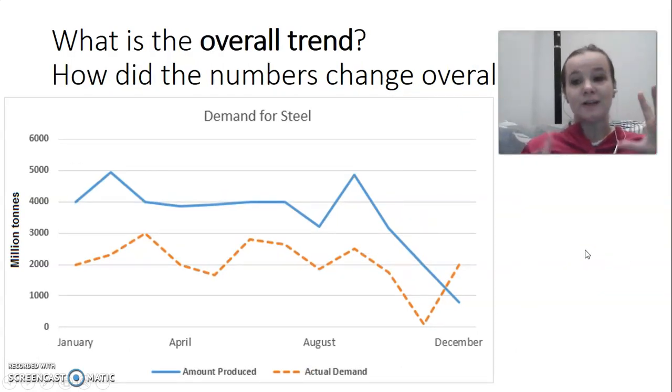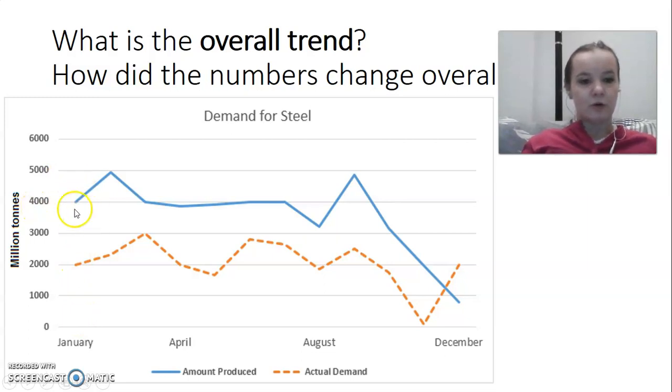So you need to start your analysis with the overall trend. What does this mean? You need to look at the numbers in the beginning of the year, in January. So for the amount produced, it was 4,000 million tons, and for the actual demand, it was 2,000 million tons.